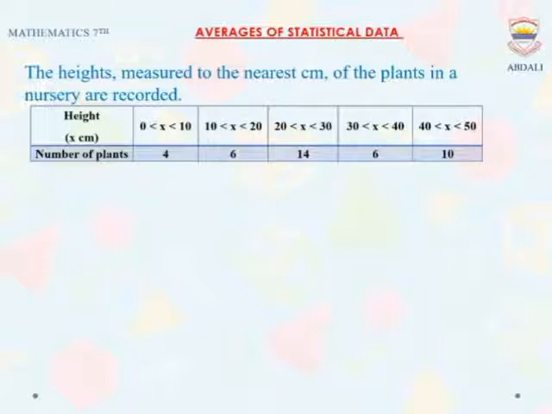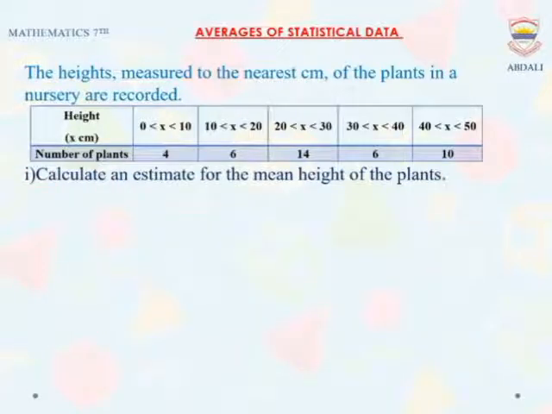Firstly, they have given us the heights of plants in centimeter ranges, and then they have given us the number of plants. What we have to find here is an estimate for the mean height of the plants. So class, we have to find mean here.